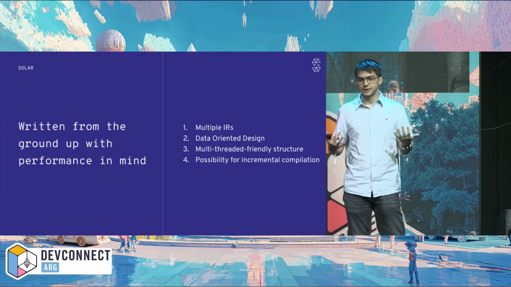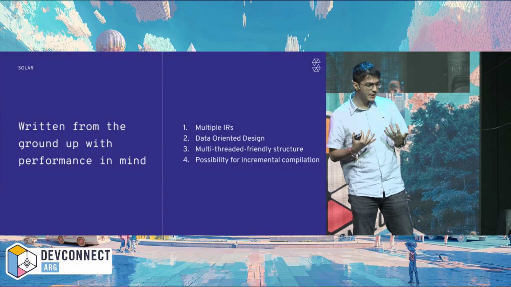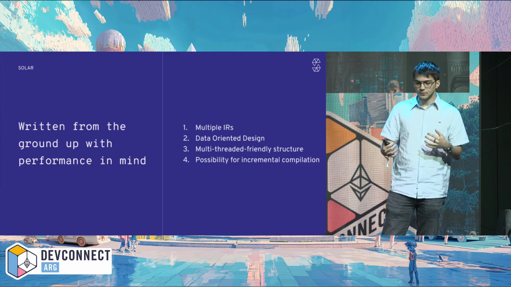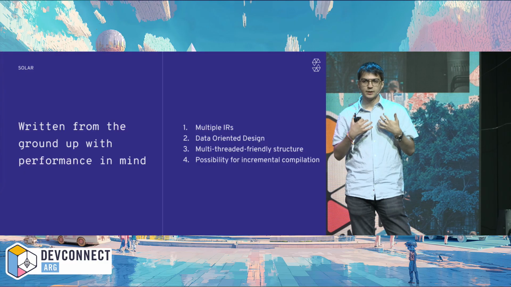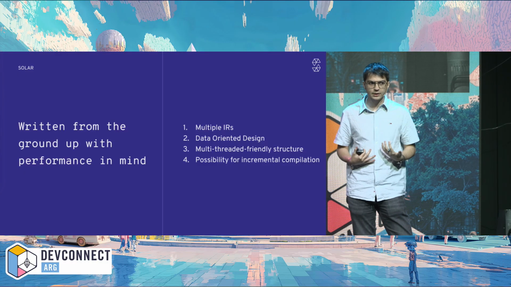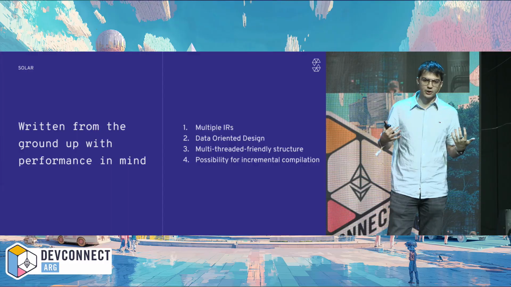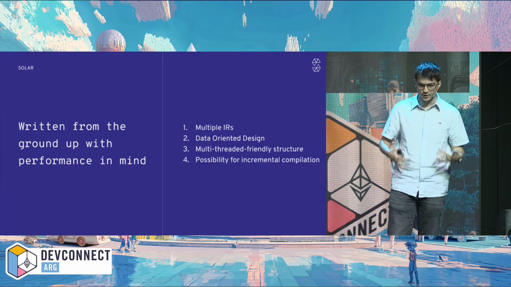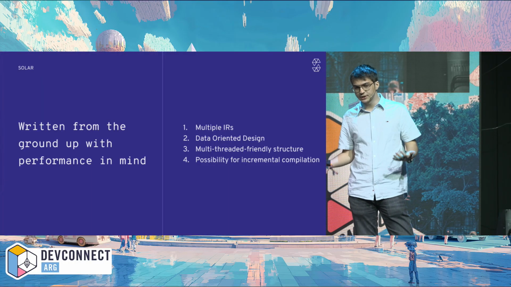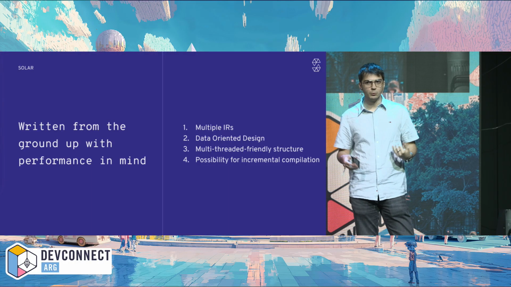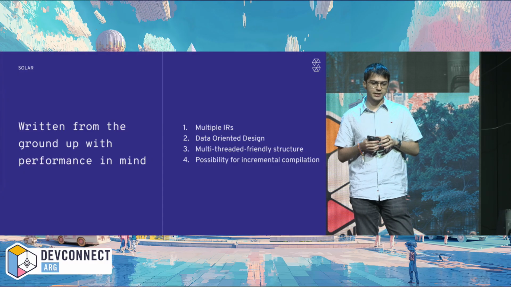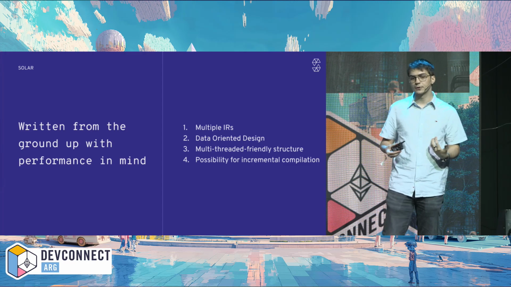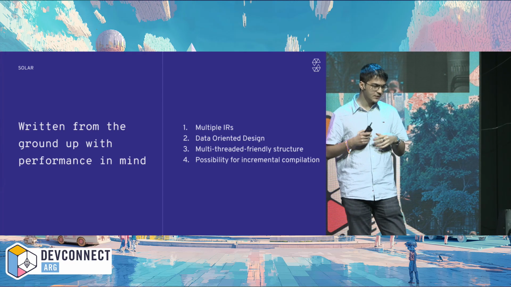This lets us implement smaller functions and lets us operate on these multiple IRs in parallel, whereas in Sol-C, for example, everything is done on a single data structure that is mutated and iterated upon sequentially. Just this fact alone, being able to multi-thread the compiler, lets us get serious speedups. But of course, the whole structure of the compiler is designed with performance in mind.